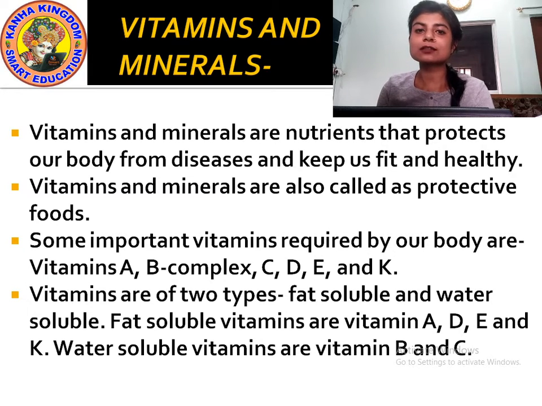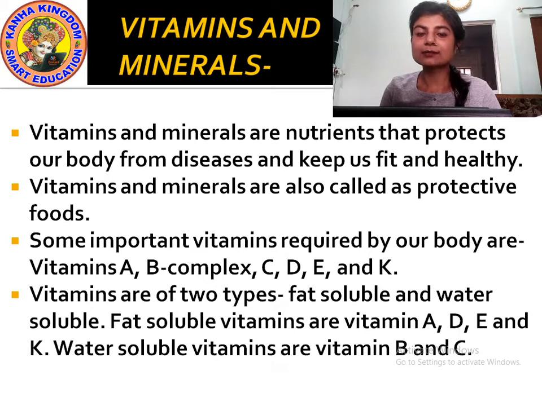One is fat soluble, which means the vitamins that we take get mixed up with the fats in our body. And one is water soluble, which dissolves in the water in our body. Our body is made up of water, you know.